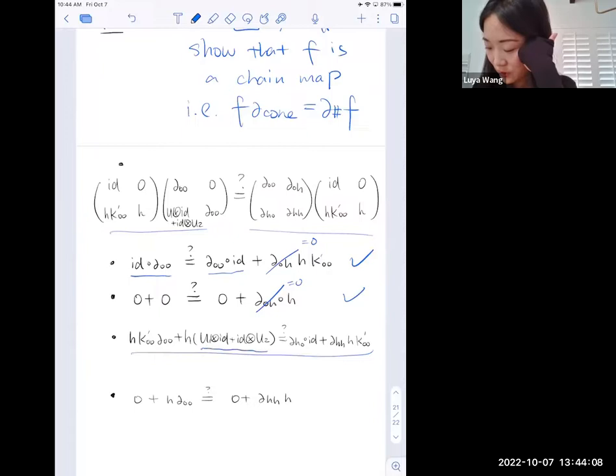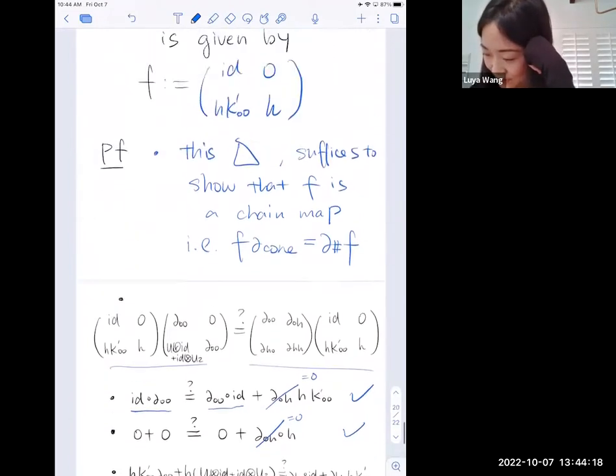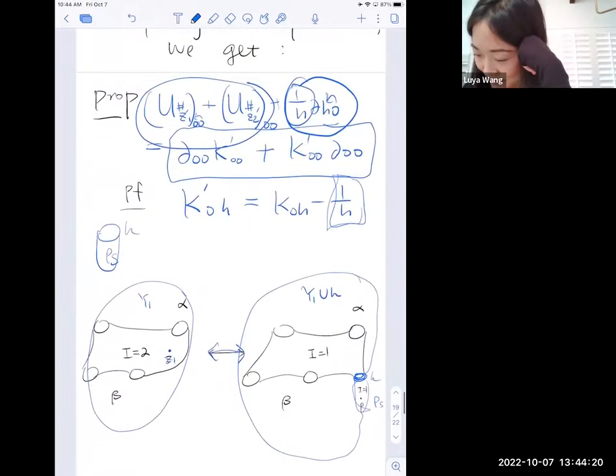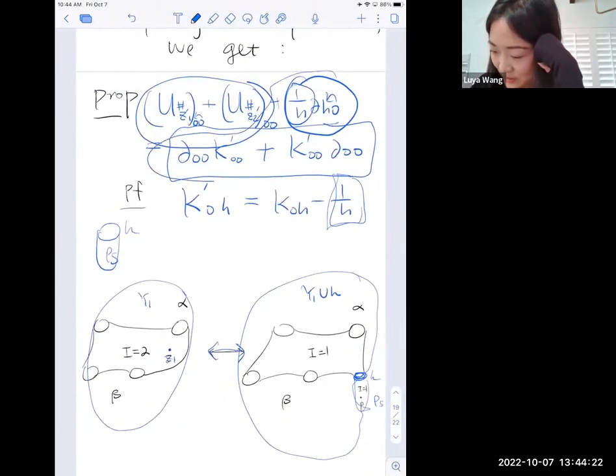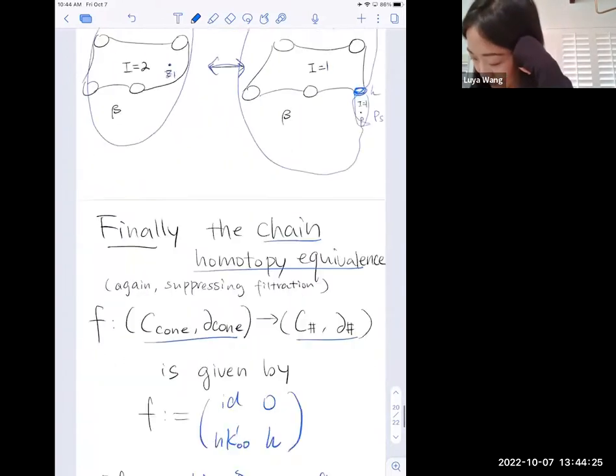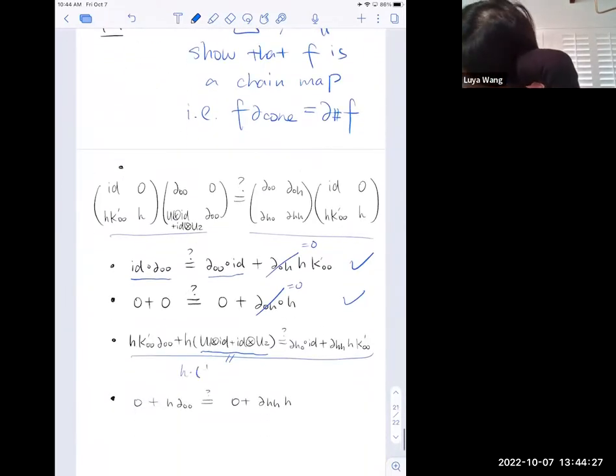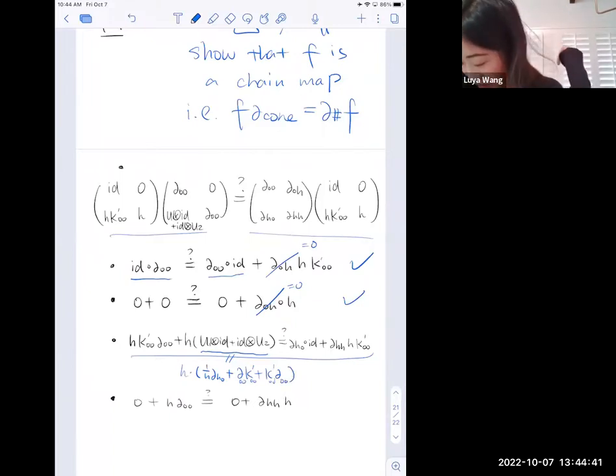So we know by the change of base point chain homotopy, this is H times, so you're using this equation, which is 1 over H partial H0 plus partial K plus K partial, but everything is restricted to here. And then you just multiply it out.